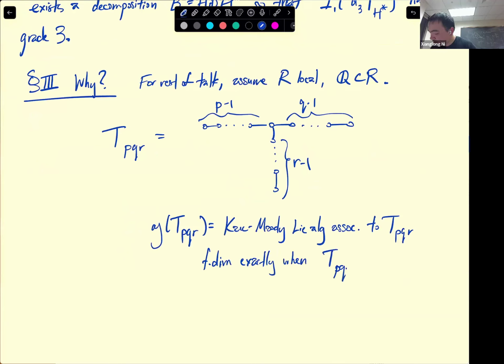And in that case, you recover the usual Lie algebra associated to the Dynkin diagram. And because this is simply laced, it will still necessarily be one of the types A, D, or E.